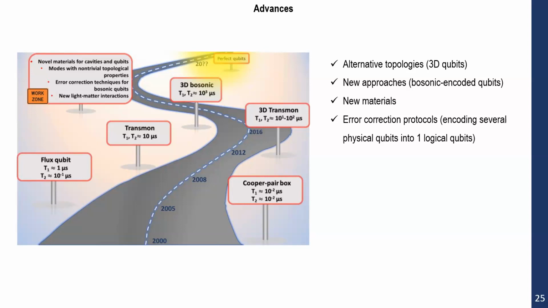Okay, so instead of using one physical qubit for the computing, we use encoding of information into several physical qubits. Okay, and several physical qubits work as one logical qubit, and so this way one can improve or mitigate this problem of error.